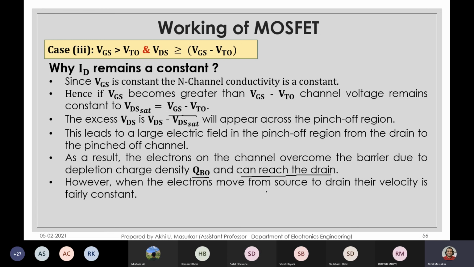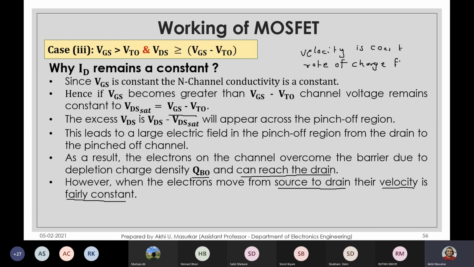However, when the electrons move from source to drain, their velocity is fairly constant. Velocity is constant means the rate of flow of charge is constant.